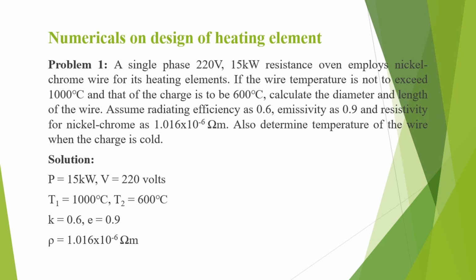Supply voltage V is 220 volts. Temperature of the hot body T1 is 1000 degrees Celsius and of the cold body T2 is 600 degrees Celsius. Radiating efficiency K is 0.6, emissivity E is 0.9, resistivity rho is 1.016 into 10 to the power minus 6 ohm meter.